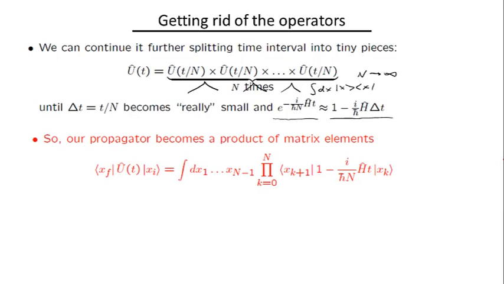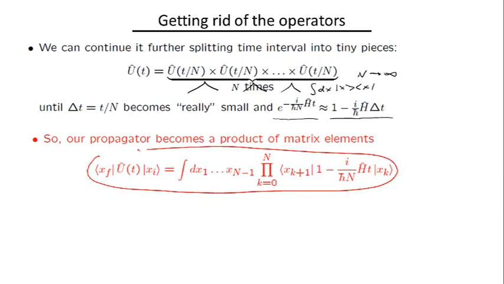Now, if we put everything together, we get this complicated looking expression for the propagator, obtained by sandwiching this product of evolution operators between xi and xf. Here I'm also going to be using the notation x0 is the initial one and x sub n is going to be the final one. So this will allow me to write this propagator in a more compact way.